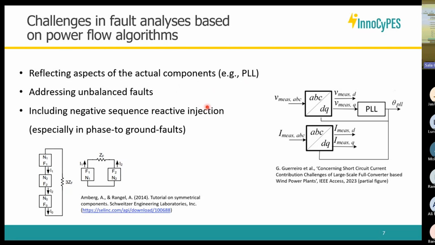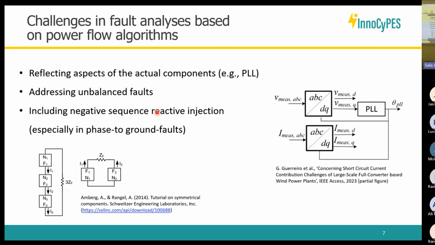If we think about it, the PLL, for example, works in the DQ frame, not in the ABC frame. It means that the standard way to calculate the currents will not work. We must make adjustments related to this conversion to the DQ frame. And especially as well, addressing unbalanced faults can be quite challenging.